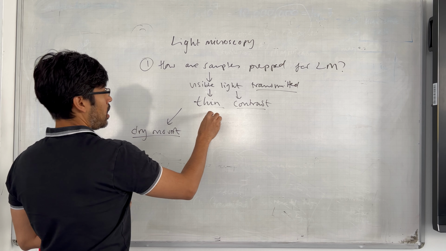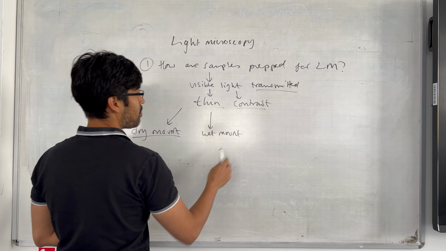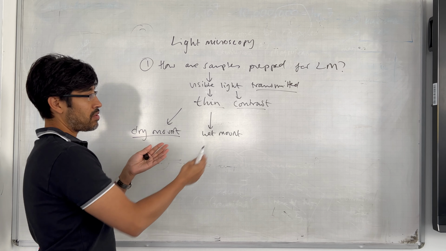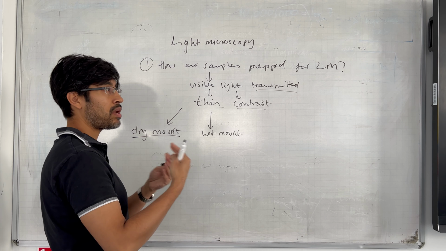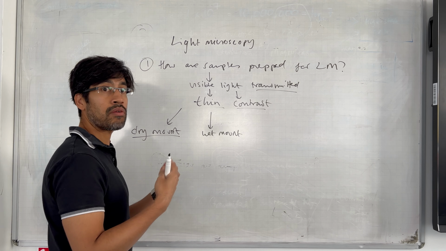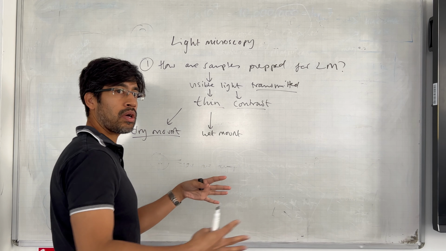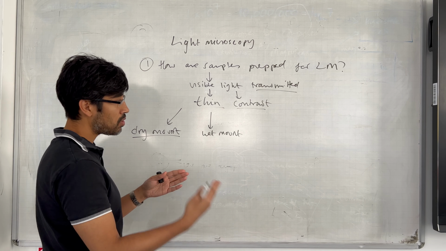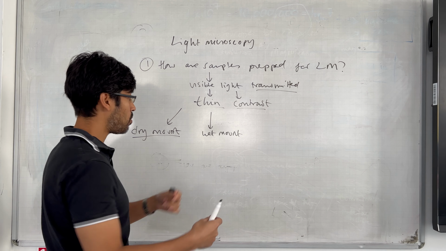Okay, the other one is you've got a wet mount. So you might have a sample, maybe a bit of a plant. It's got living cells, and for them to maintain their structure, their functions while you're viewing them, you might need to put the water on the sample, around the cells, around the tissue, for it to maintain its structure and so on.